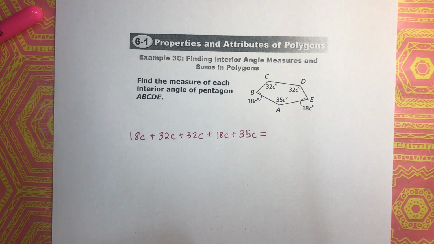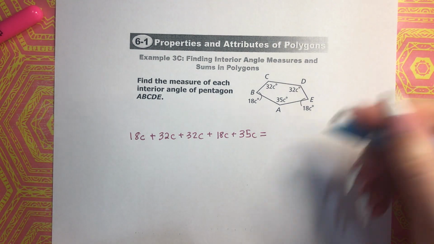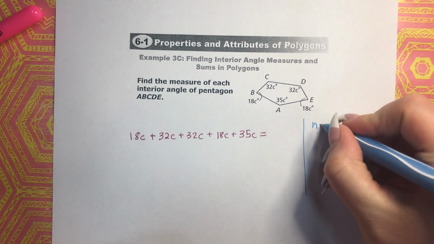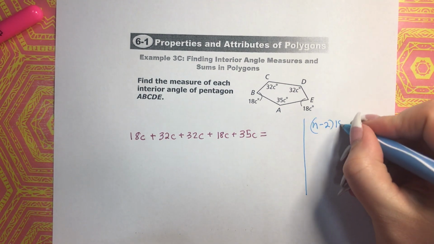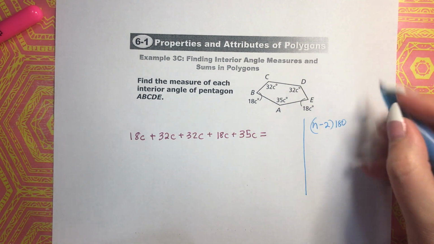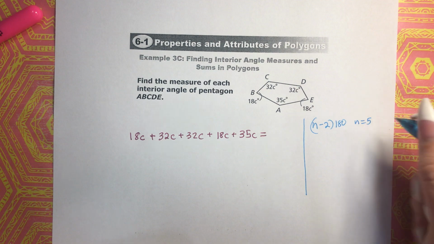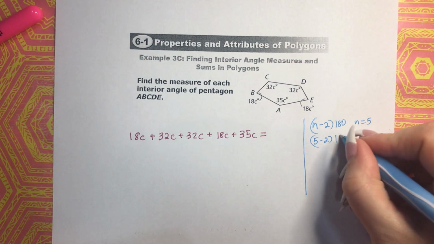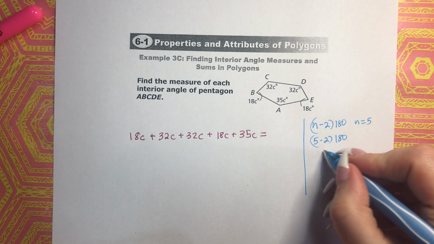We can do that. So I'm just gonna work over here for a second. Our formula is the quantity n minus 2 times 180. And n is, this is a 1, 2, 3, 4, 5. So it's a pentagon, so n equals 5. We substitute it in. We get 5 minus 2 times 180. 5 minus 2 is 3.